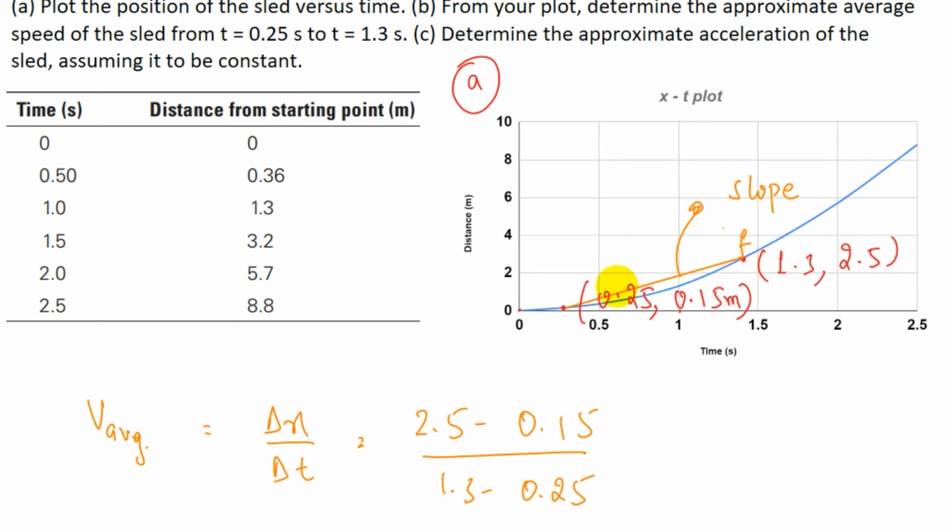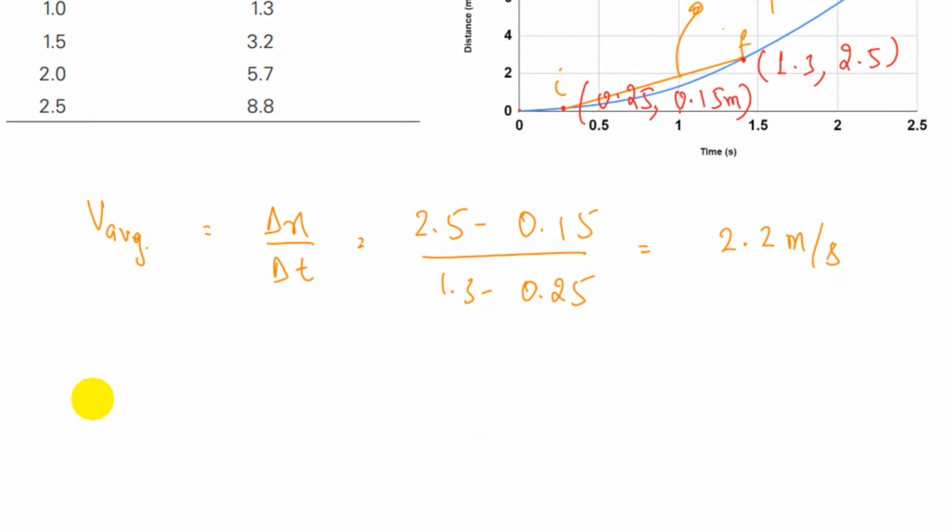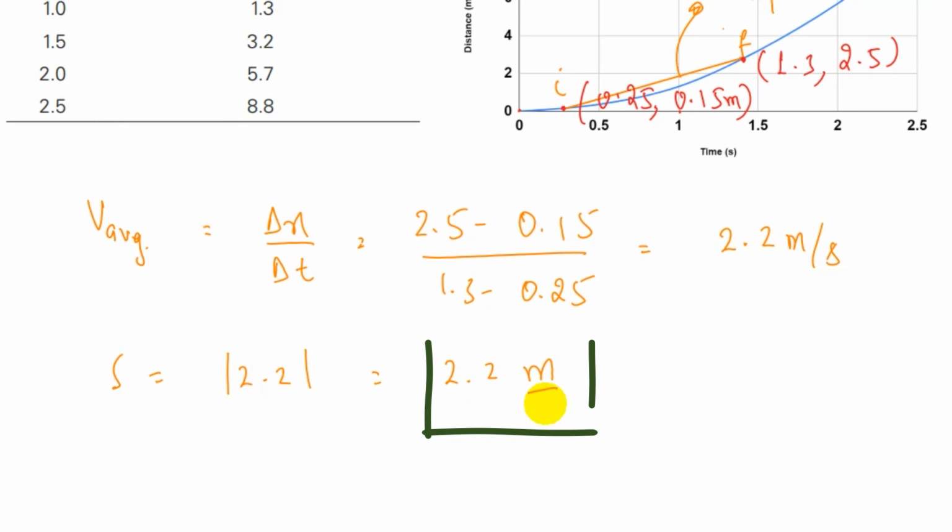This is the final position, this is the initial position. So that would be nearly 2.2 meter per second. The average speed would be the magnitude of this value, which is 2.2 only. So 2.2 meter per second. This is the answer for the B part.